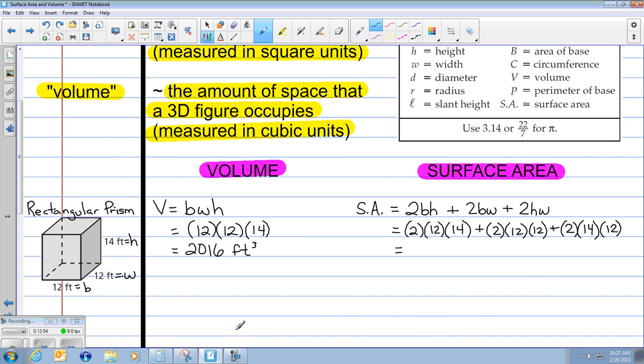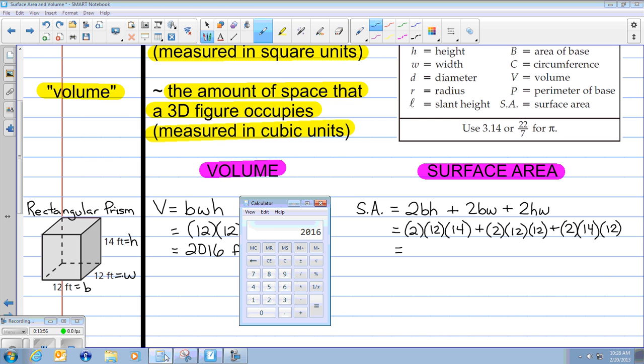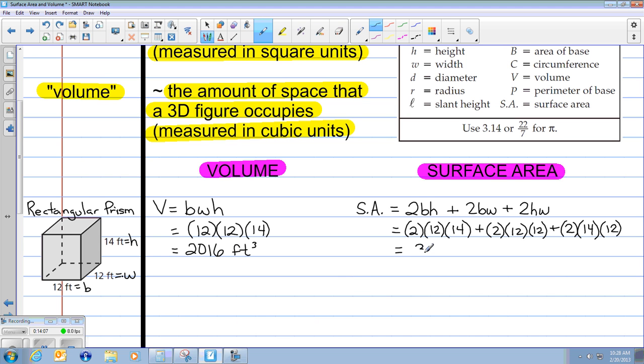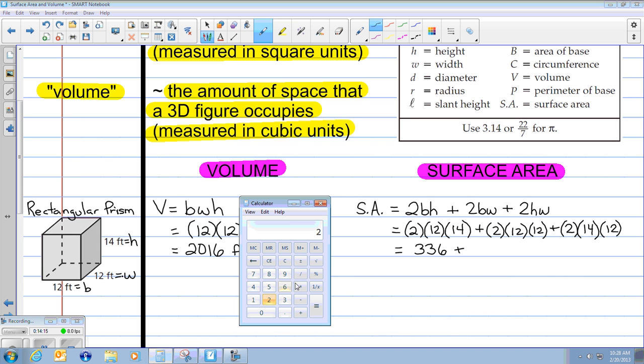And then all we have to do is calculate. So I have 2 times 12 times 14, and it equals 336, plus 2 times 12 times 12.